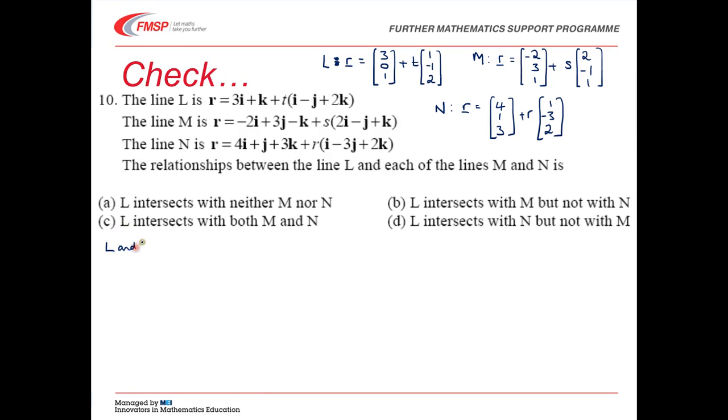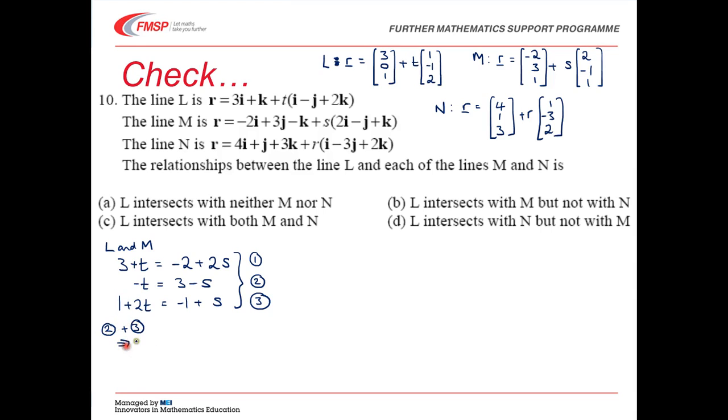So we'll start with L and M, and that gives me 3 plus t equals minus 2 plus 2s, minus t equals 3 minus s, and 1 plus 2t equals minus 1 plus s. If I add equations 2 and 3, then I get 1 plus t equals 2, and that means that t equals 1.